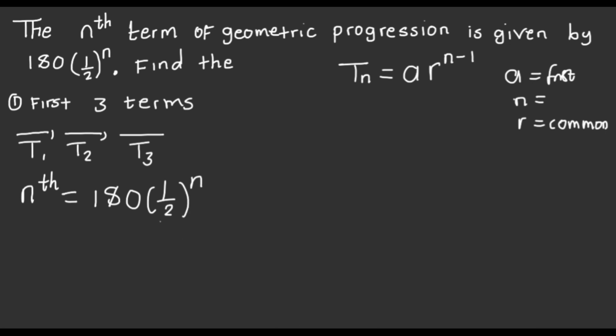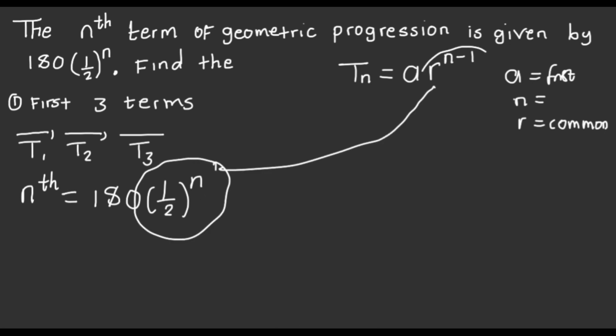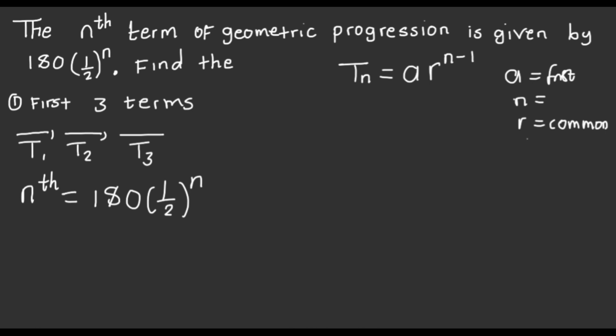We can see that this part is similar to this part, which means that the number inside the bracket represents our common ratio. So this is 1/2. 1/2 is the same as 0.5. Since it's paper 2, if you want you can use 0.5, that's okay.